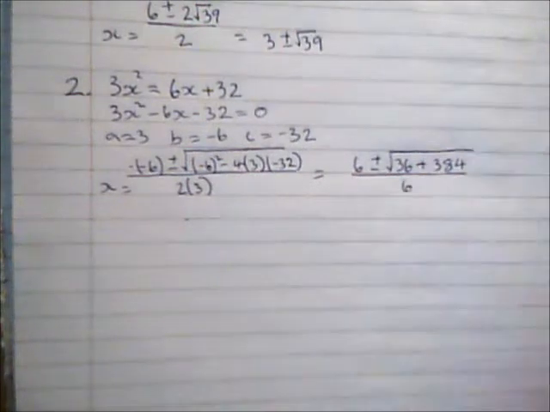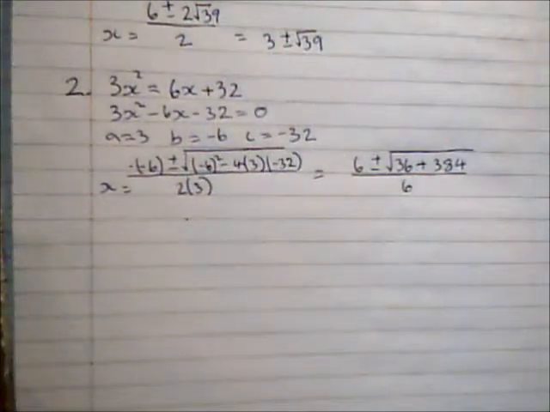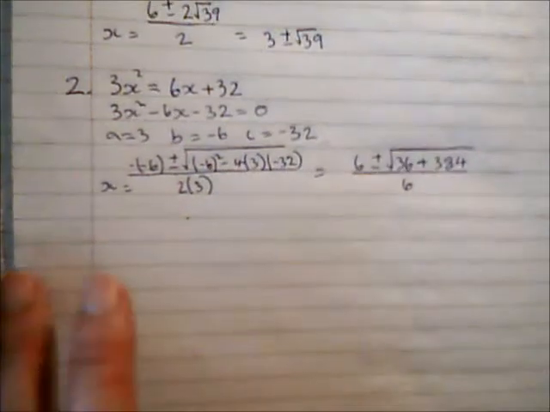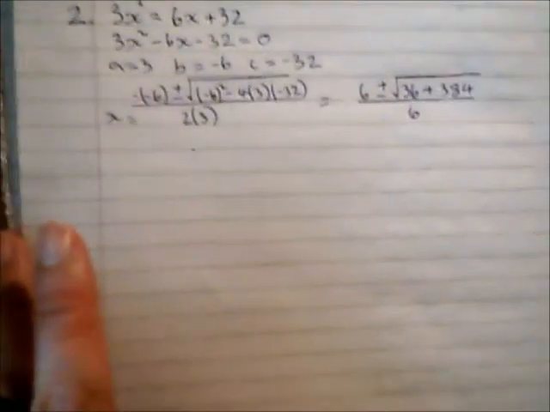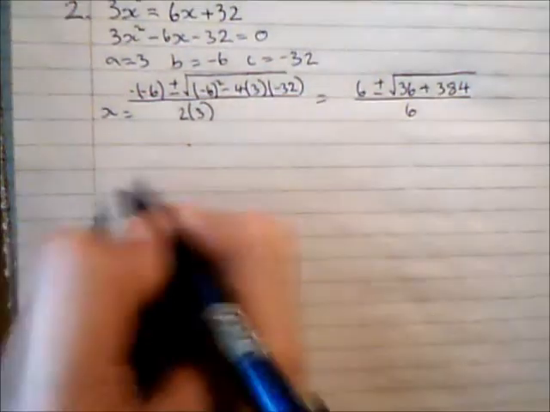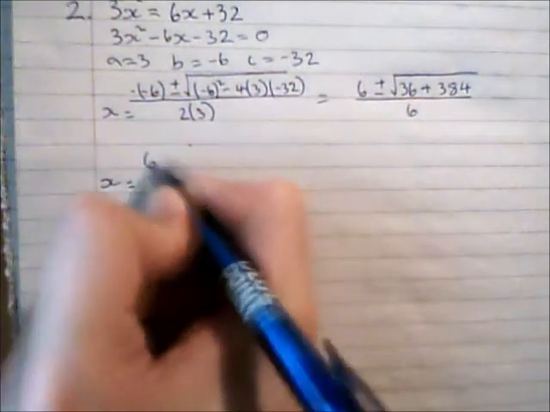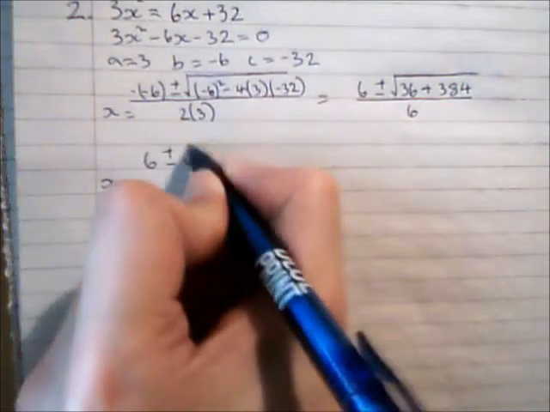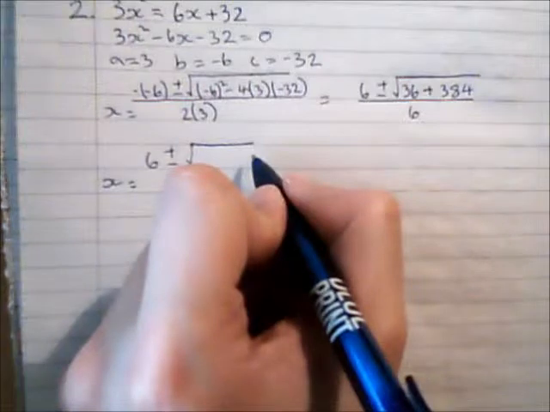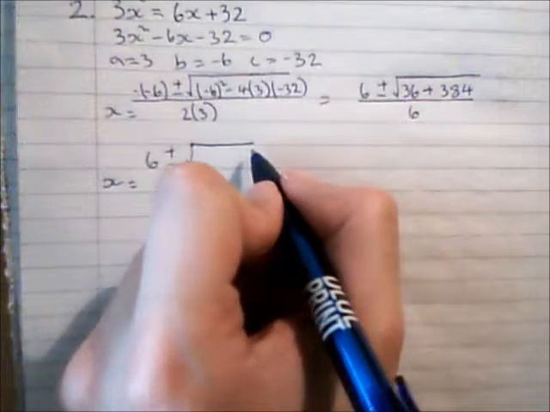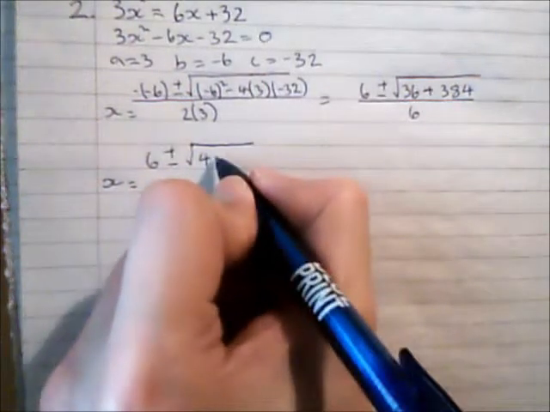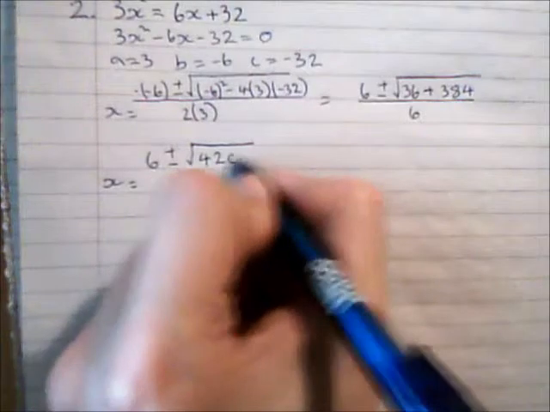And that's all over 6. So then I'm going to continue to simplify that. So x equals 6 plus or minus the square root of 36 add 384, which is 420.